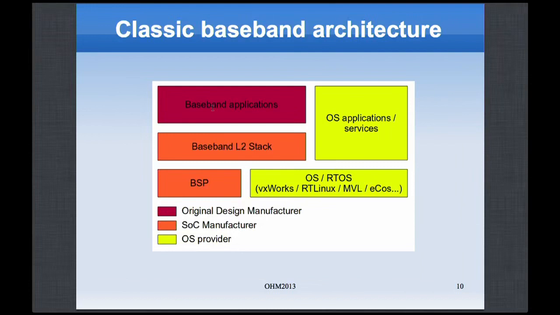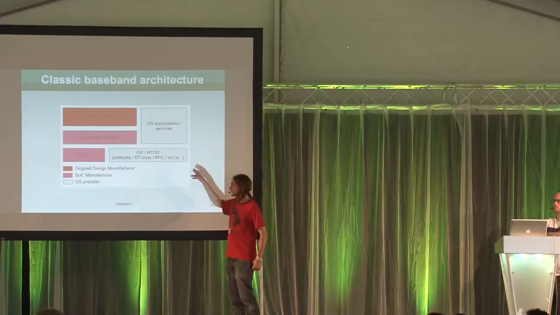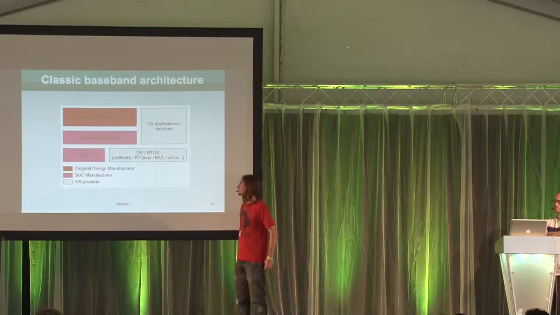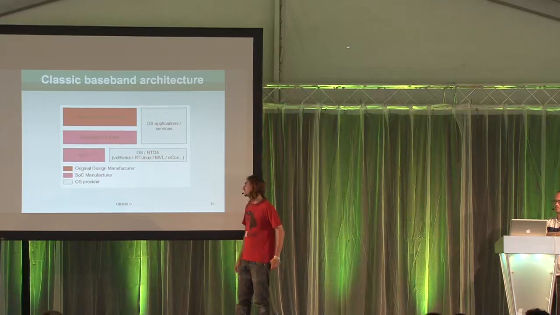And here is the classical architecture of the software that runs on this chip. I've divided it up because several actors are implicated in this kind of design. Generally, the real-time operating system is provided by an external entity.